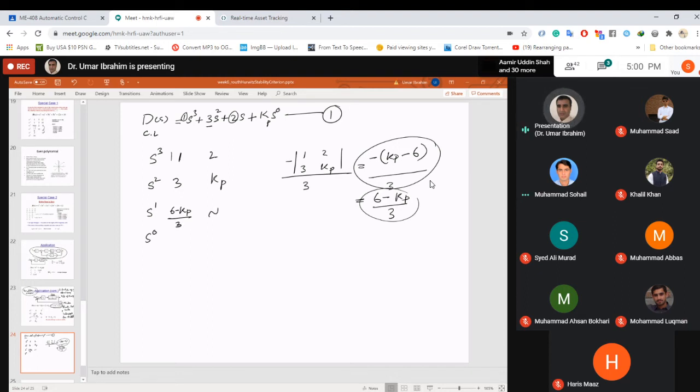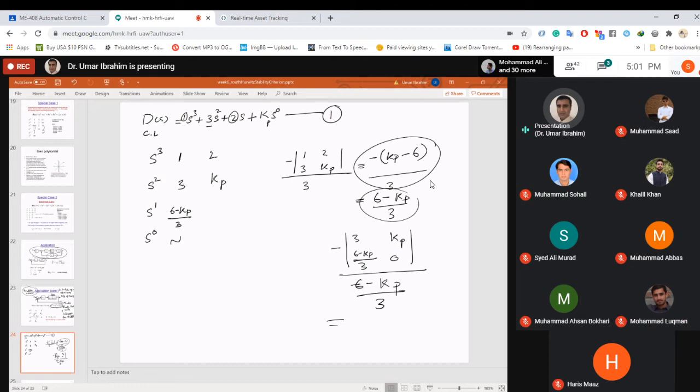So what will be the next term? This column will be 0, 0. So this will be 0, or I don't need to write anything. It's up to you. Okay? For the next case, our determinant value will be minus (3, Kp; (6 minus Kp) divided by 3, 0) divided by (6 minus Kp) divided by 3.